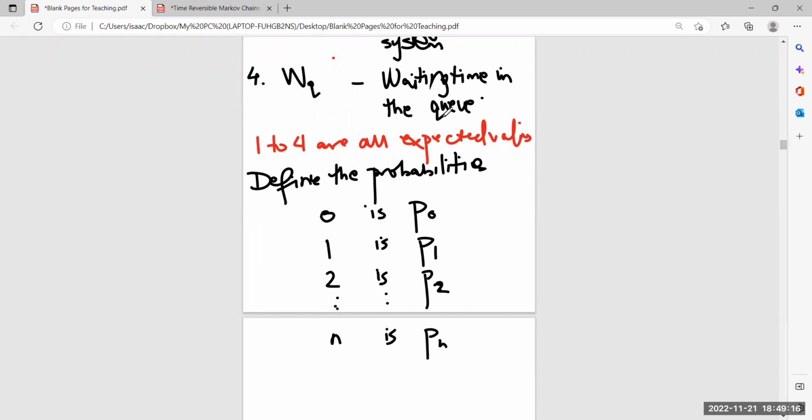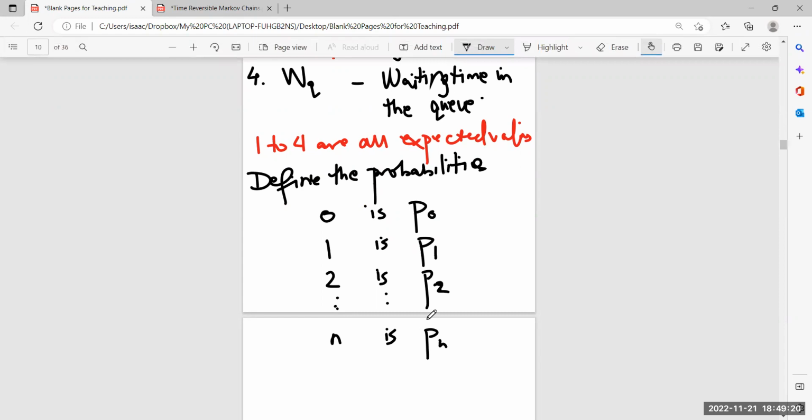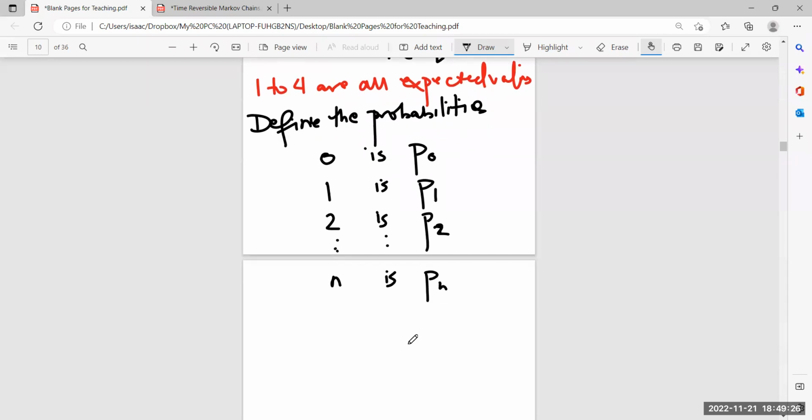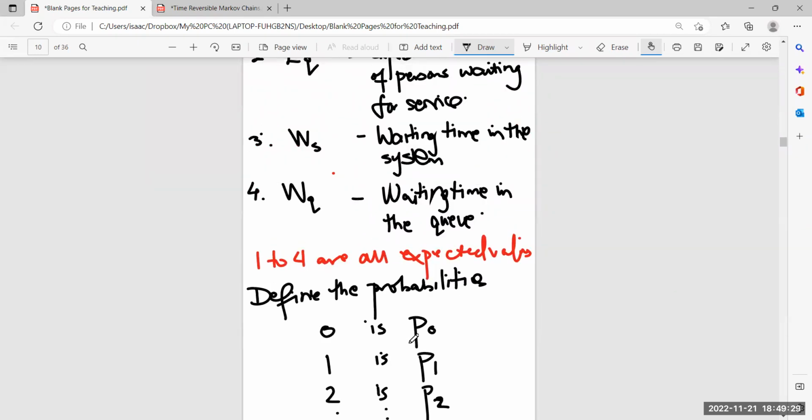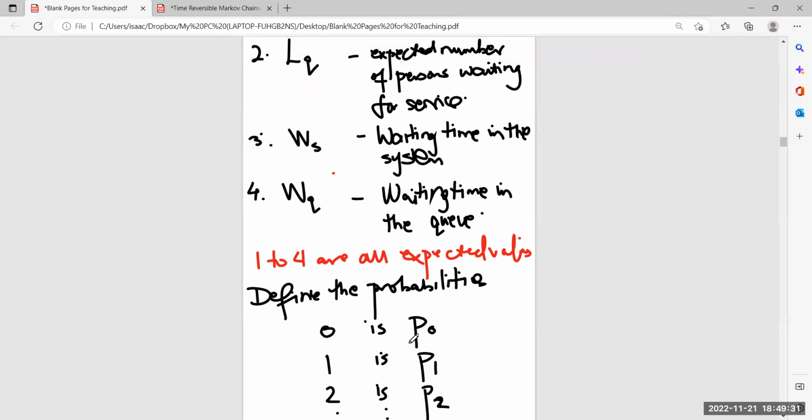We will derive this function for Pn in general, for one of the Qs, and then I'll show you how to get LS, and then from LS we could get all the others, LQ, WS, WQ.